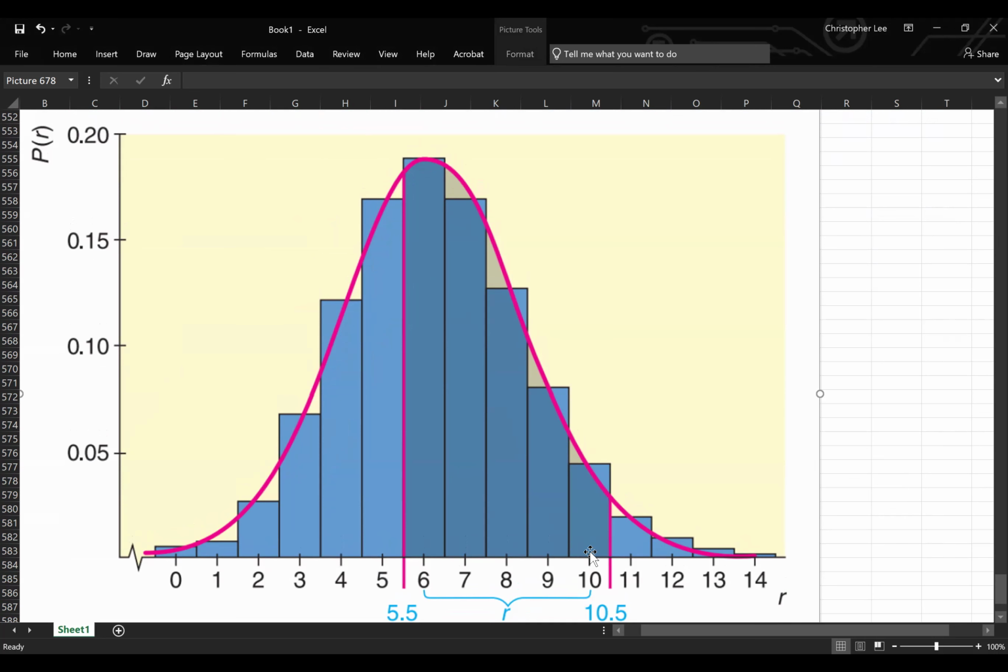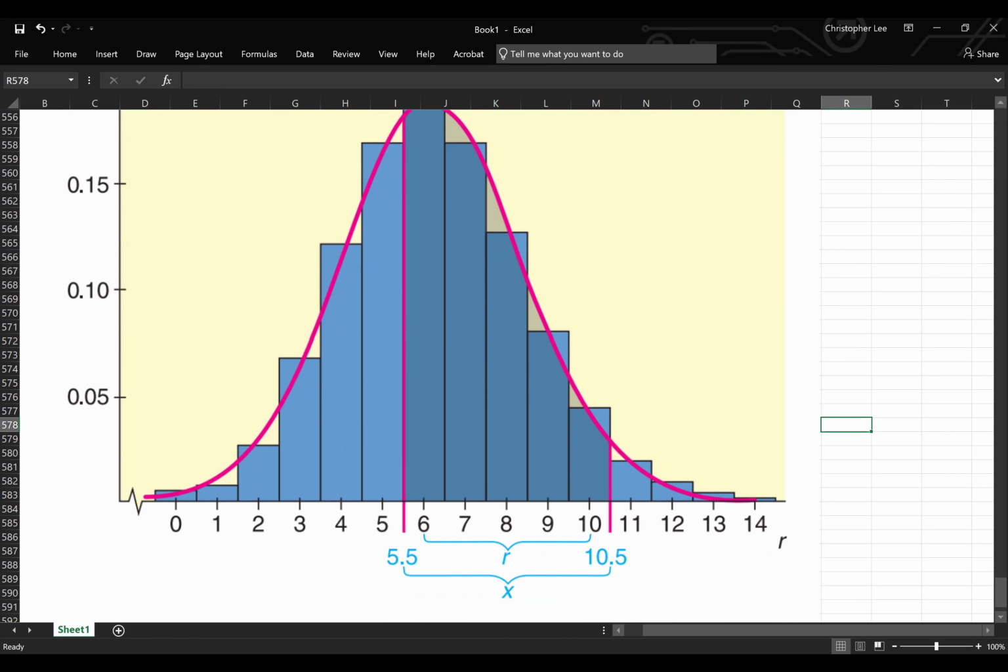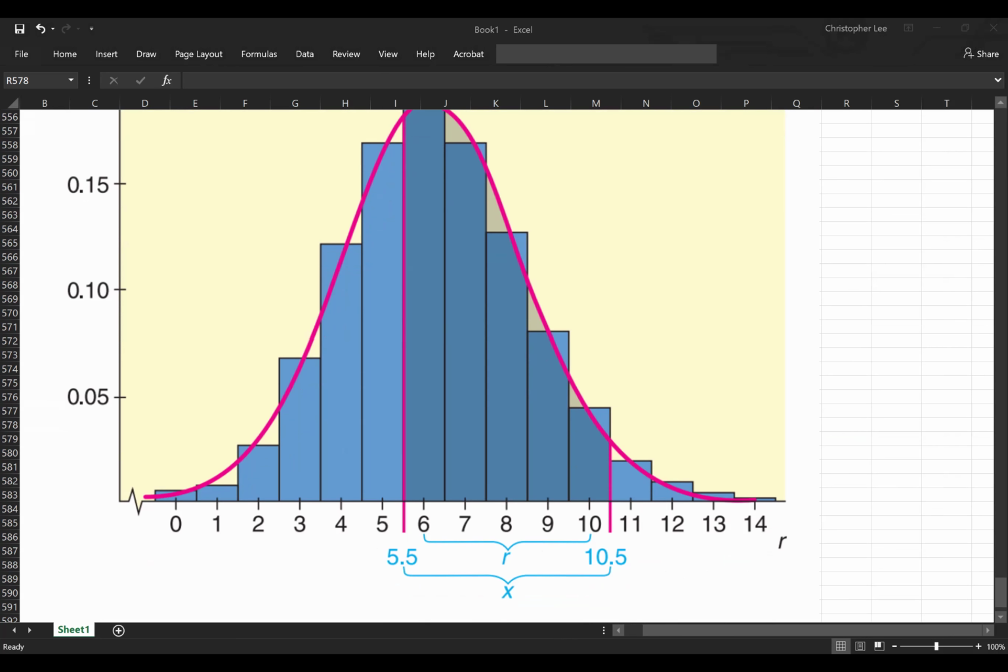So rather than just being at 6, I'm going over to the border of 6, which is 5.5. And then rather than being at 10, I'm going over to the border of 10, which is 10.5. And then I will do what you know how to do: change it to a Z, look it up in the table, subtract the two answers, boom. That's it. Nothing crazy there. So y'all could take a look at that for homework.